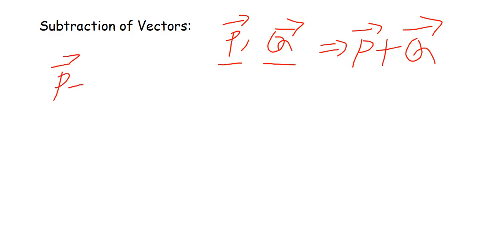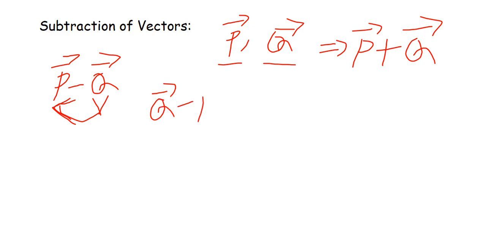What does it mean? The vector q bar is subtracted from p bar. And what does q bar minus p bar mean?